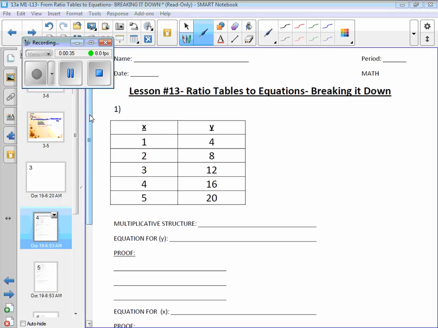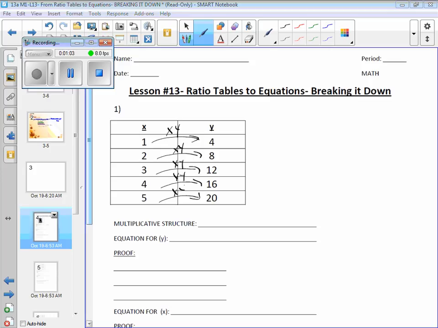Left and right. When you go from left to right, what are you multiplying by? Because you've got to get multiplicative structure in your head before you can start creating equations. Alexa, does everybody agree? Times 4. As long as the ratios are equivalent, which they are, that times 4 factor should work for everything.